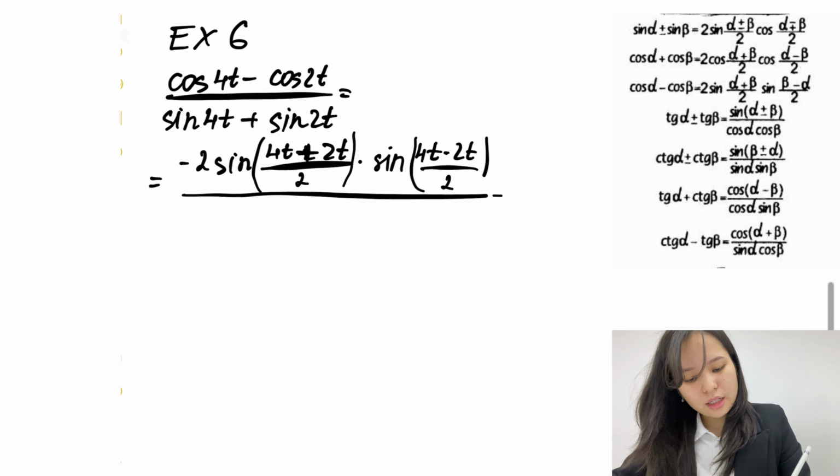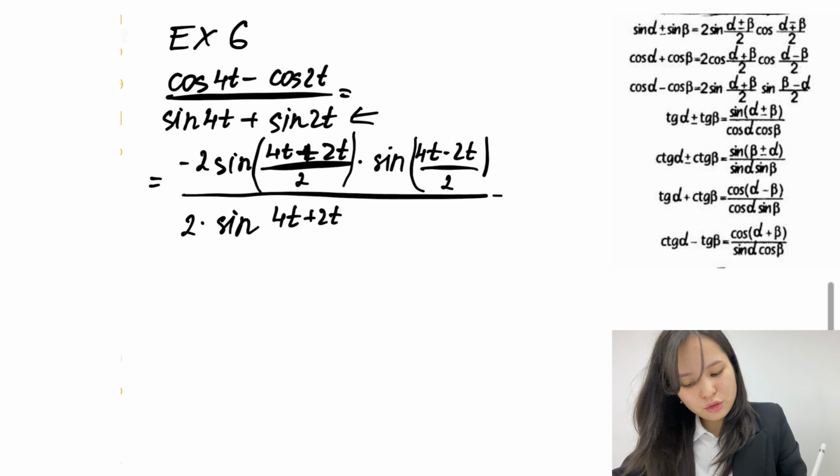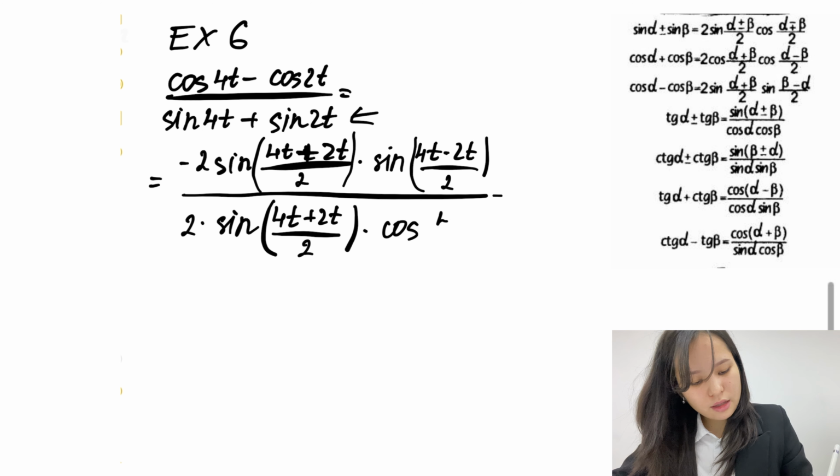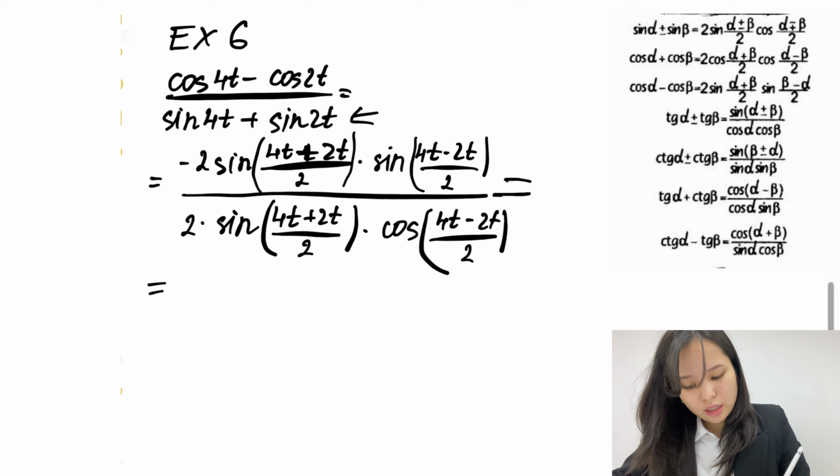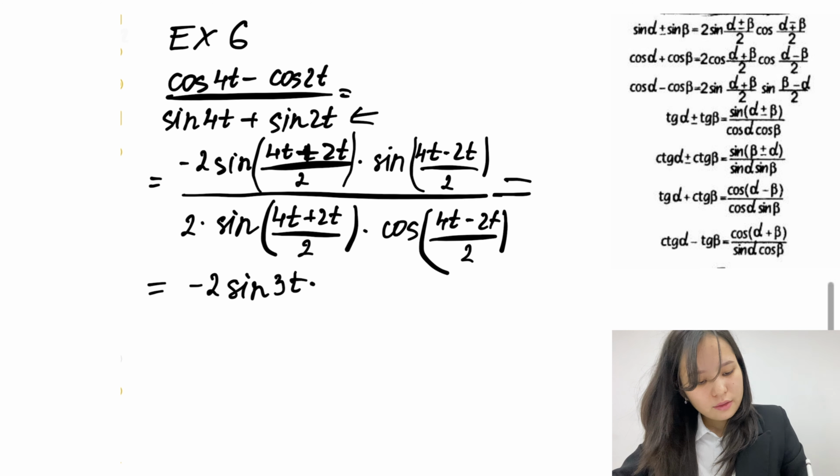It's divided by sine 4t plus sine 2t, this one, which will be equal to 2 multiplied by sine of (4t plus 2t) divided by 2, multiplied by cosine of (4t minus 2t) divided by 2. Simplify this example. It's equal to minus 2 sine of (4 plus 2) divided by 2, which is 3t, multiplied by sine of (4t minus 2t), 2 divided by 2, equal to sine t.